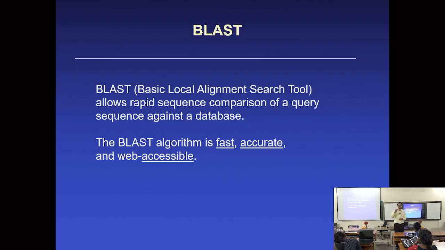So you can check the BLAST citation. It is one of the most used algorithms in biology. BLAST allows rapid sequence comparison of a query against a database. It is fast, accurate, and web friendly.